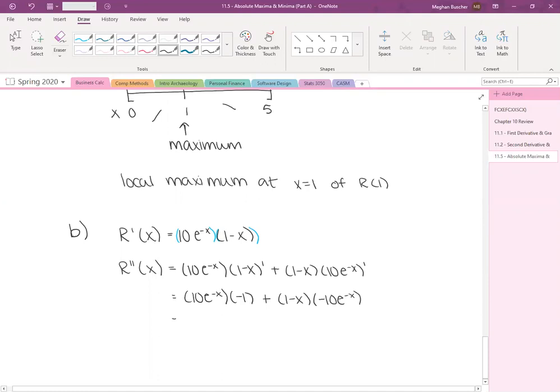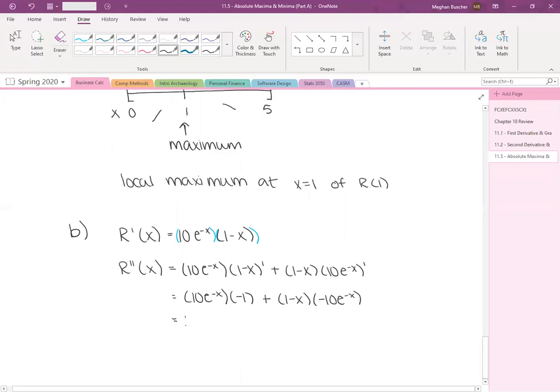Okay. So same as before, what can we factor out of here? Is there anything in common? Is it 10e to the negative x? Exactly.